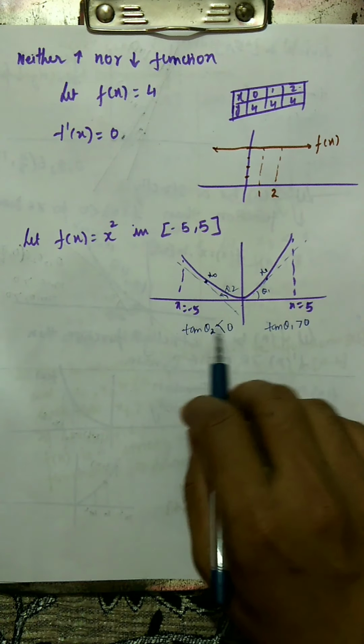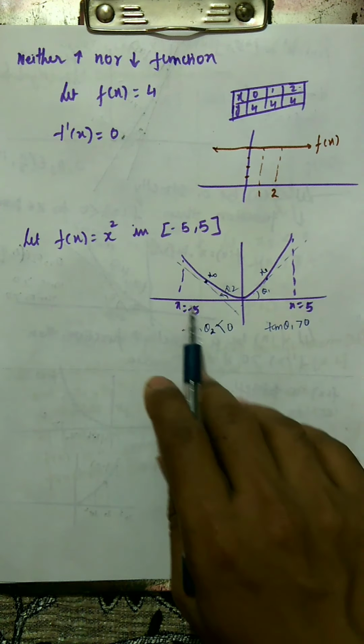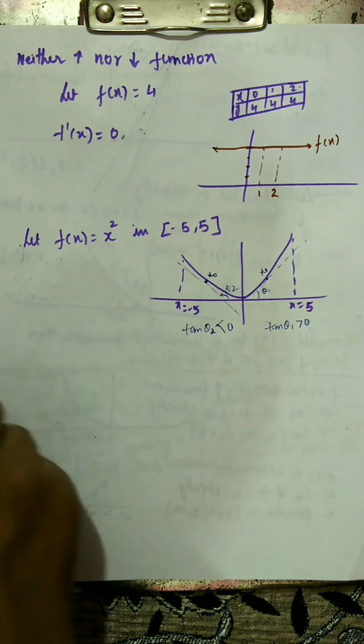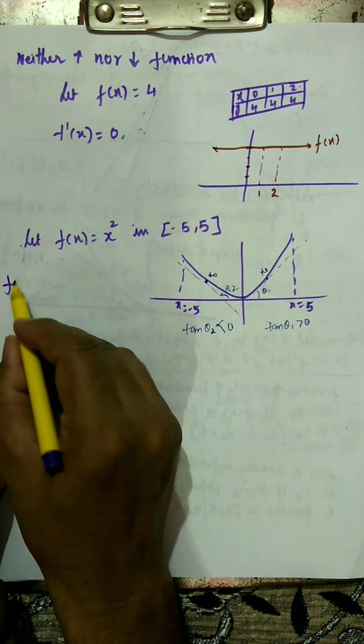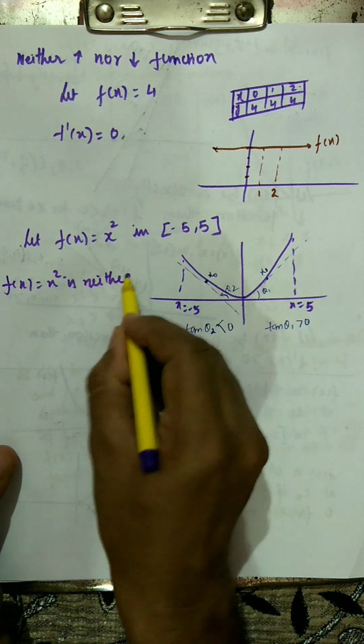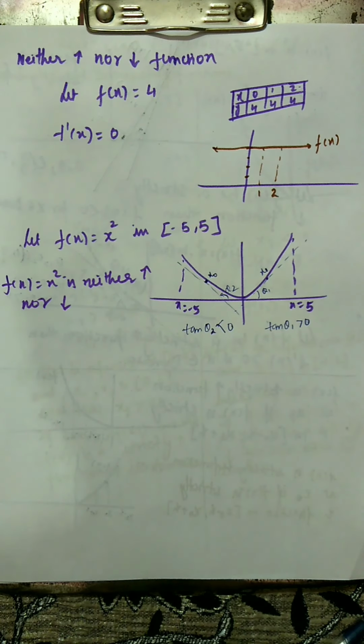So if at some point the function is increasing and at some point it is decreasing, then we say f(x) equal to x square is neither increasing nor decreasing.